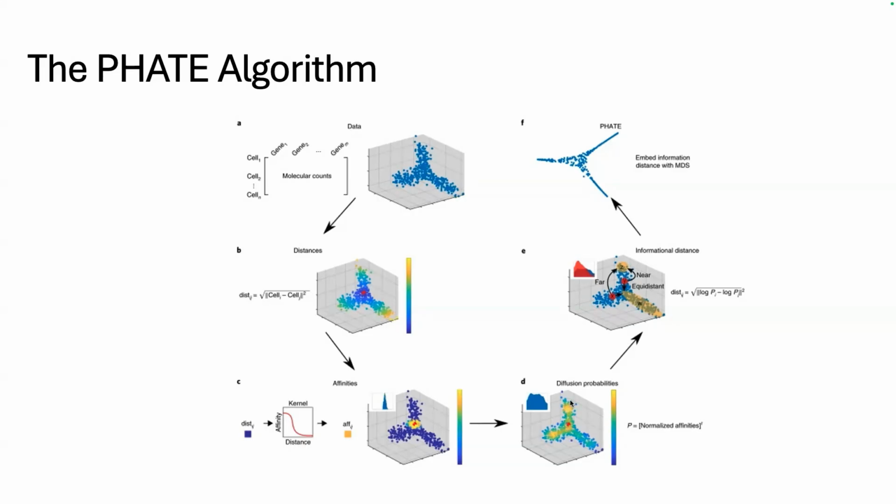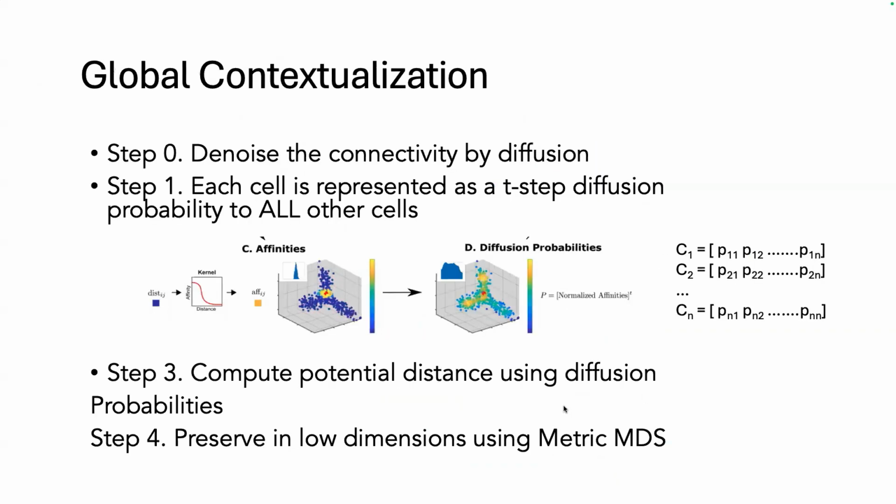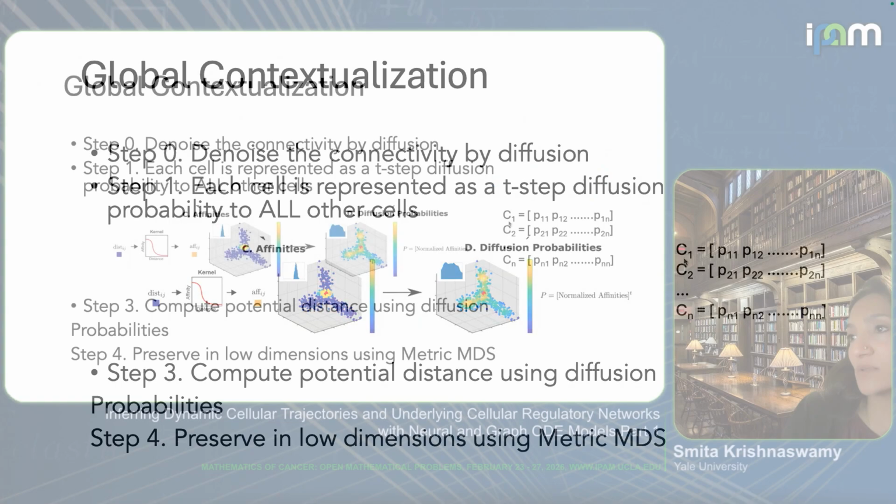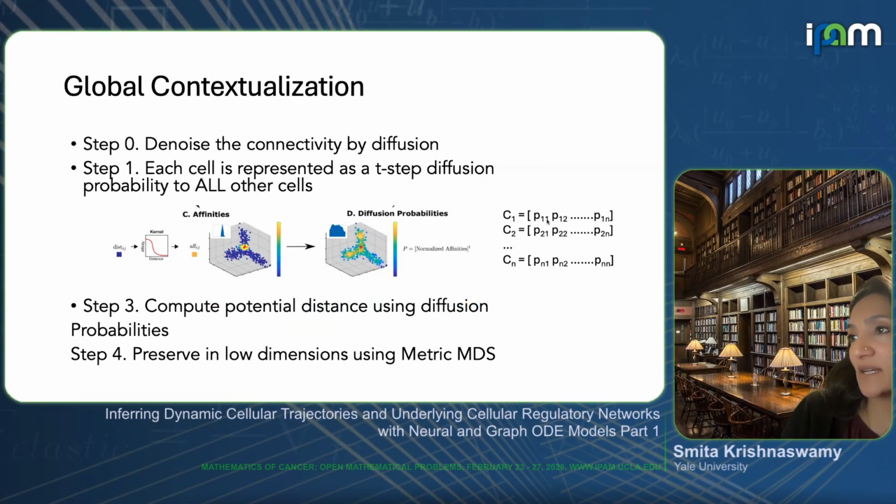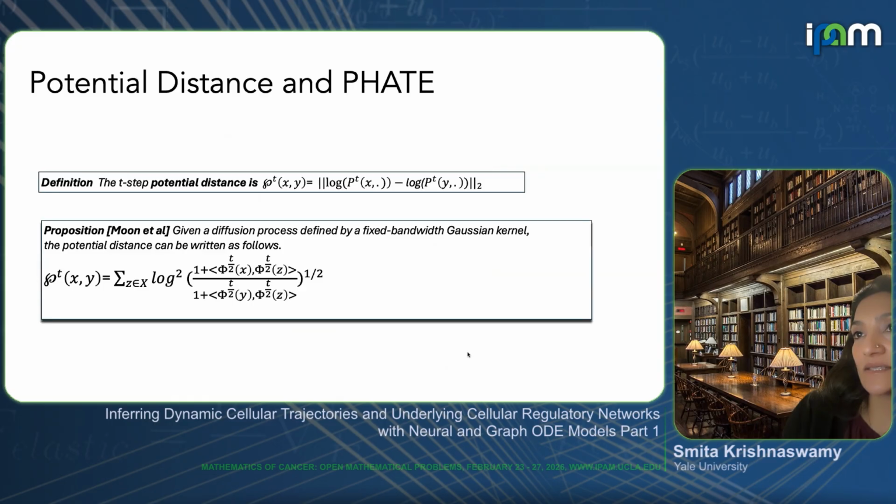It's trying to reestablish connectivity through highly dense probable paths in the data rather than shortcut paths due to outliers. Then we have global contextualization: every cell is represented by transition probabilities to other cells. And then we're preserving this distance using metric MDS.